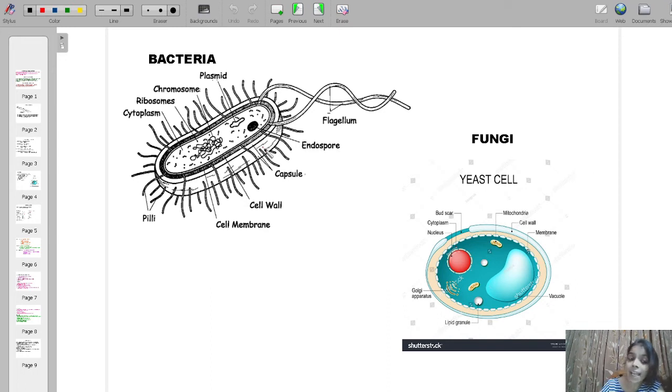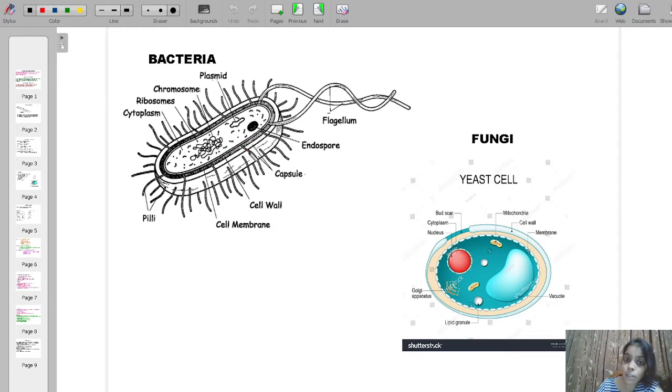In that case, the capsule can act as a shield. If the surrounding temperature is too high, there will be a chance of desiccation. What is desiccation? Desiccation means drying up of the bacterial cell. So, in order to prevent its protoplasm from getting dried up, the capsule will act as a protective covering.